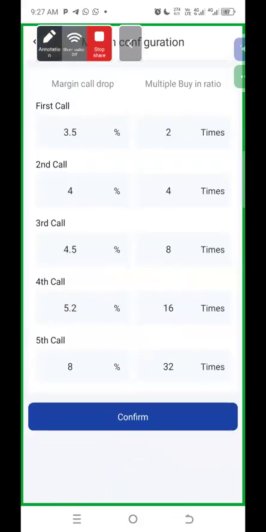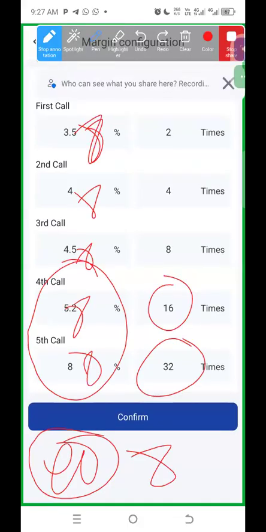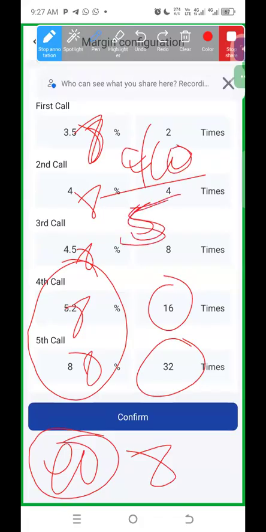Total call drop, which is 40%, divided by my total margin call limit, which is 5. 40 divided by 5 is what is going to get me the result that I want. And I've realized that it is 8 per drop.